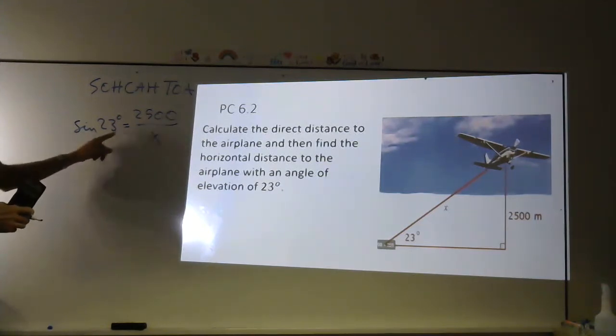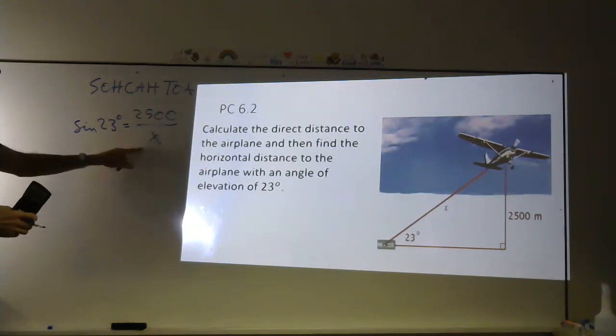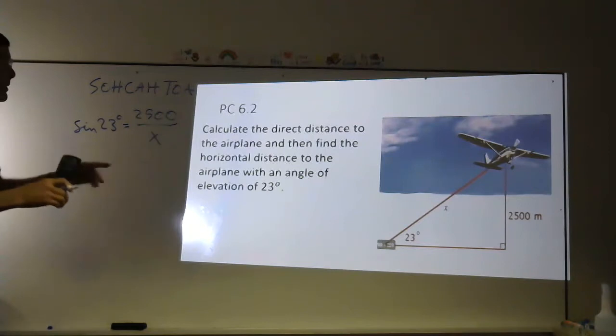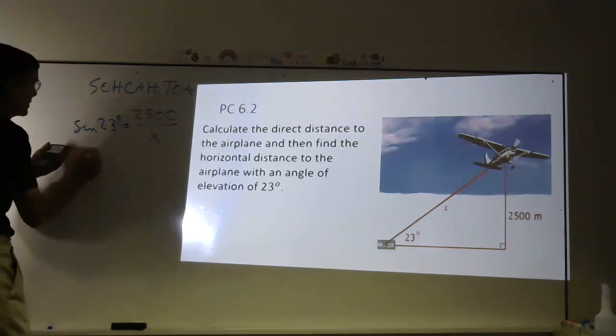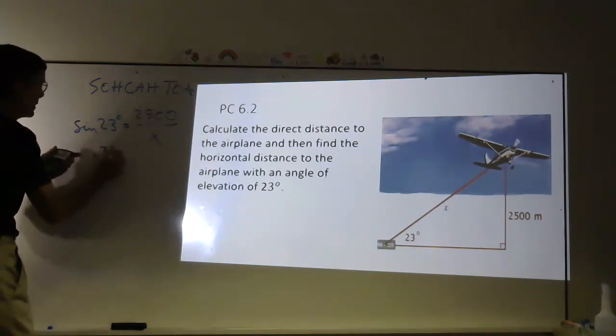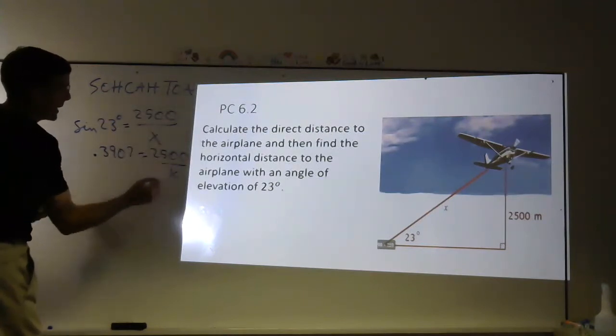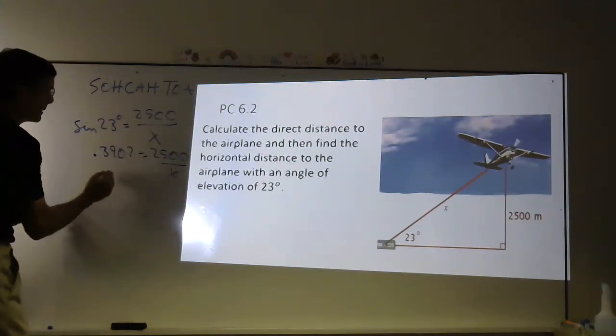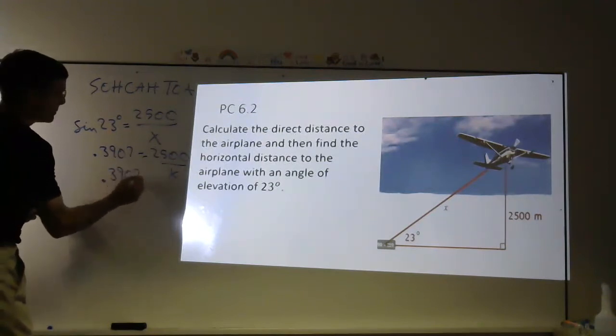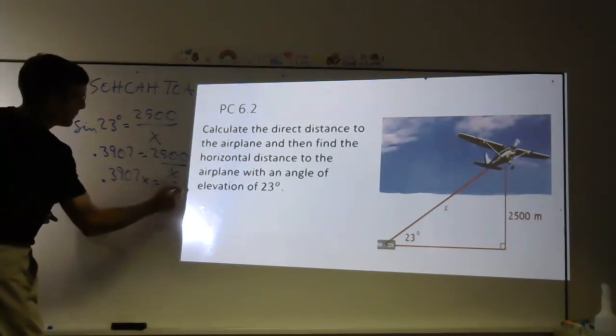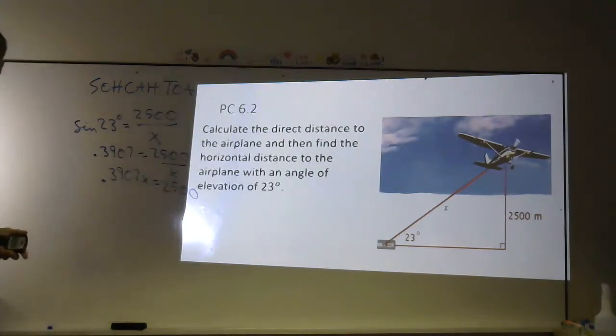Now the problem is when you cross multiply, you don't get your answer like the last two problems we did. So I'm going to copy this down. 0.3907 is 2500 over x. When you cross multiply, you get 0.3907 times x is 2500. Are you with me?